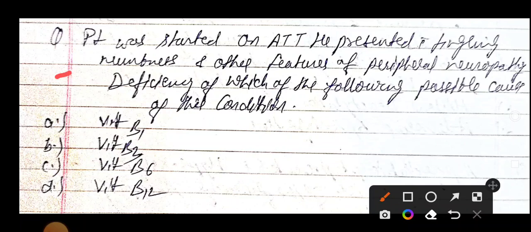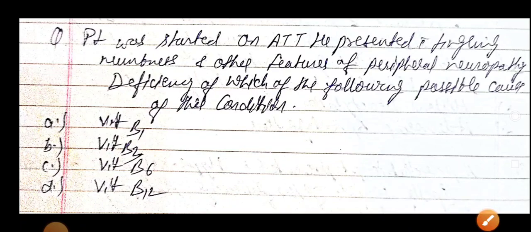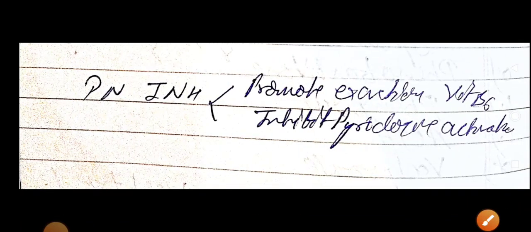Why pyridoxine? Because isoniazid promotes excretion of vitamin B6 and inhibits pyridoxine activation. So the answer here is vitamin B6, whose deficiency mimics the symptoms of peripheral neuropathy. Okay, here I wrote: isoniazid promotes excretion of vitamin B6, pyridoxine, and inhibits pyridoxine activation.